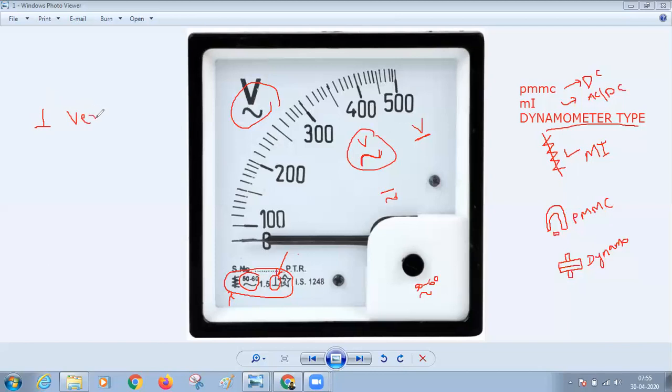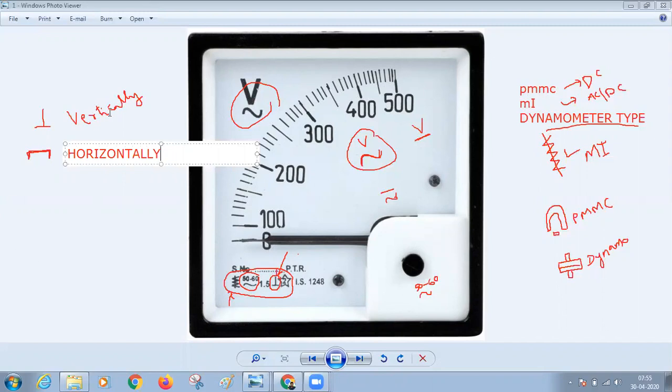Generally all the panel meters are vertically placed meters. If you want to place the meter in horizontal mode, then the symbol on the meter will be like this. If you observe this symbol on your meter, then you have to place such a meter horizontally.